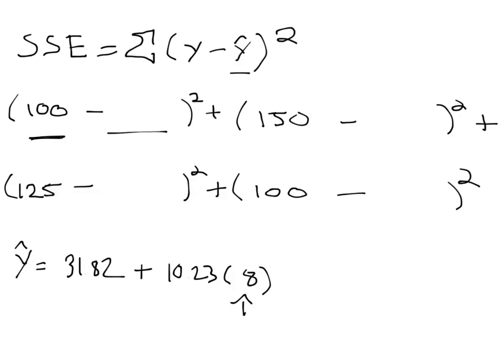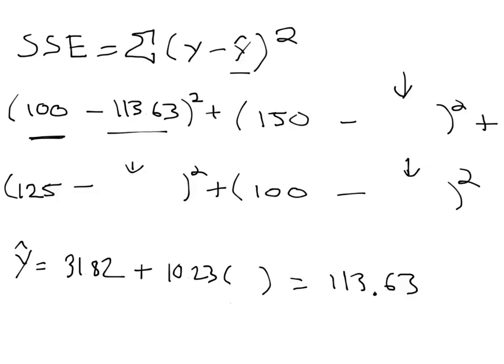It tells me what my projection is, and this is 113.63. So right here, y hat is 113.63. And I do this for each observation. I just plug in x. So for the second one, x is 10. We just found that, and that's 134.1.